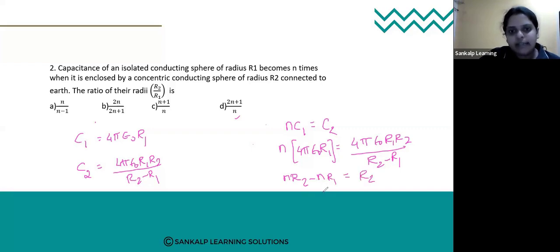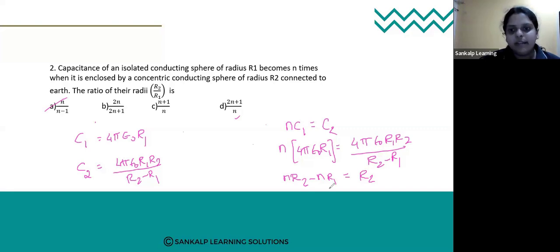In the question, they are asking for R2 divided by R1. If I simplify here, the value of R2 divided by R1 will be option A, that is n divided by n minus 1.